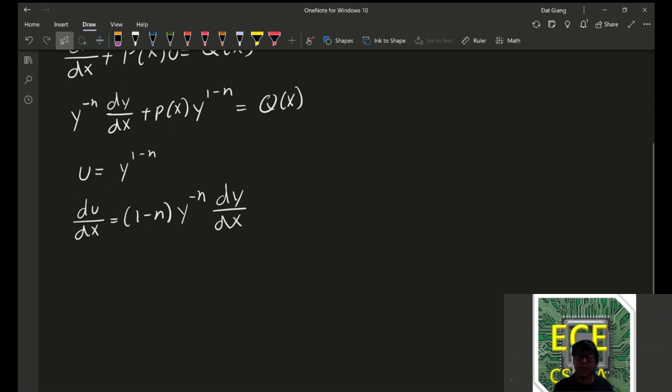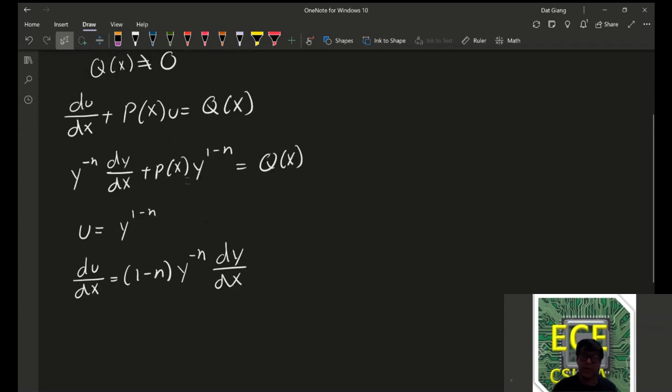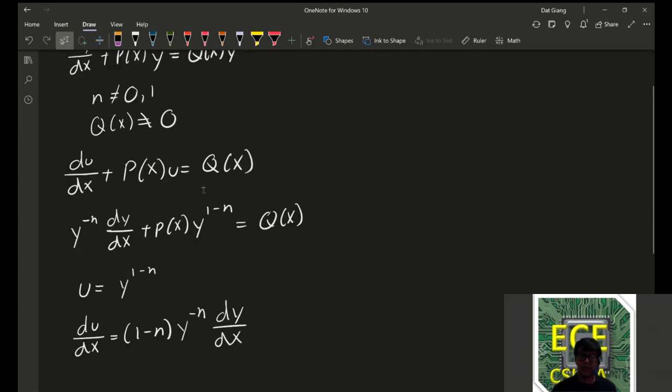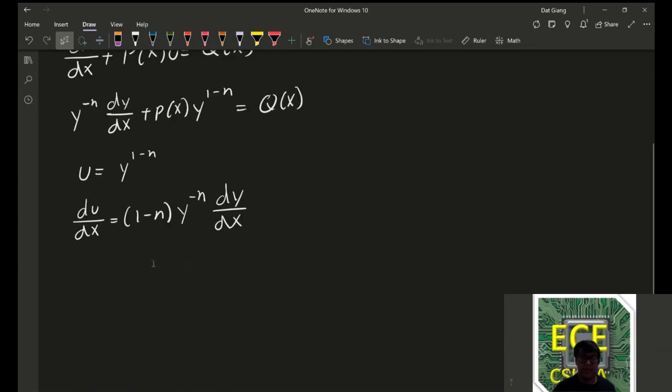Now, in order to go from a nonlinear, non-homogeneous case to a linear, non-homogeneous case, which we can approach, we just have to multiply by 1 minus n. So when we do that, we get 1 minus n, y to the negative n, dy/dx, plus 1 minus n, p of x, y to the 1 minus n, equals 1 minus n, q of x.